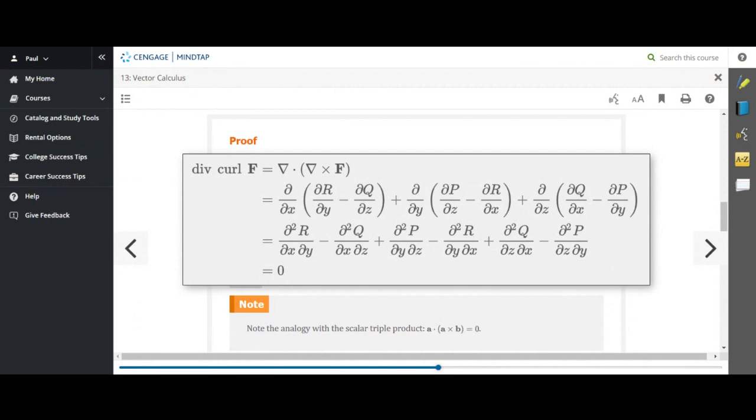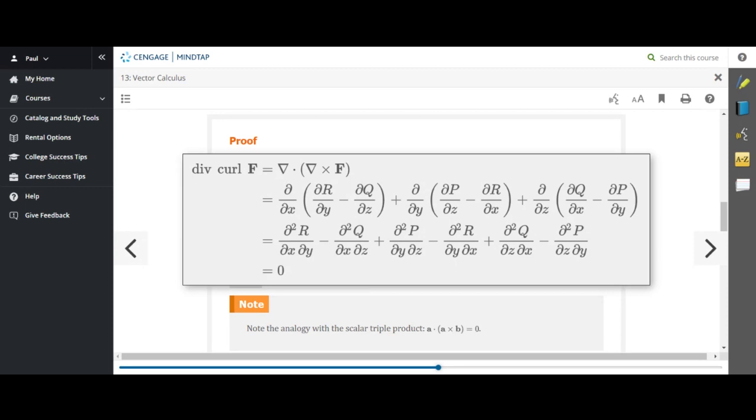If you were to multiply the operator by each of those components, it would look like you had the second mixed partial derivative of R with respect to y and x, minus the second mixed partial derivative of Q with respect to z and x. And then you have the other four parts there.